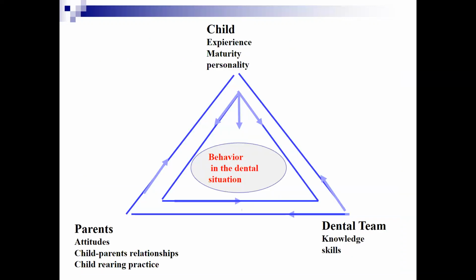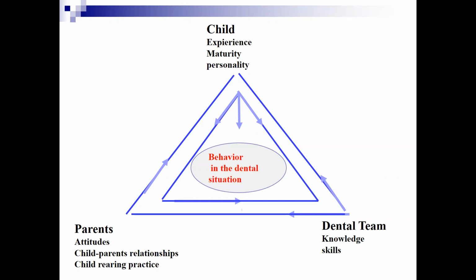A major difference between the treatment of children and treatment of adults is the relationships. Treating adults generally involves a one-to-one relationship, that is, a dentist-patient relationship. Treating a child, however, usually relies on a one-to-two relationship among dentist, pediatric patient, and parents.